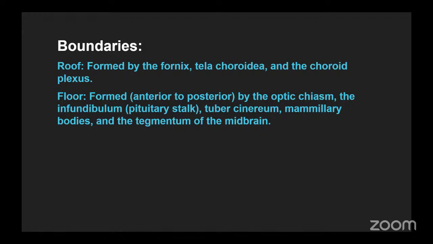Then on the floor, which is probably the most important part in terms of third ventricle anatomy, from anterior to posterior, it is made up by optic chiasm, infundibulum, tuber cinereum, mammillary bodies, and tegmentum of the midbrain. There are some authors who include some portion of lamina terminalis in the floor as well, but that is a disputed structure, so I kept it within the anterior wall.